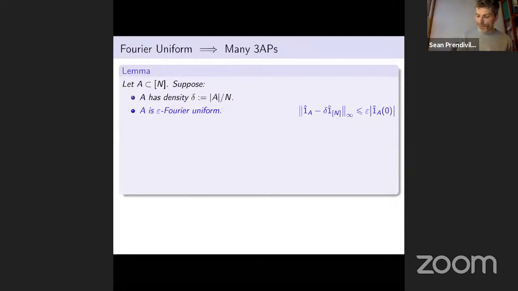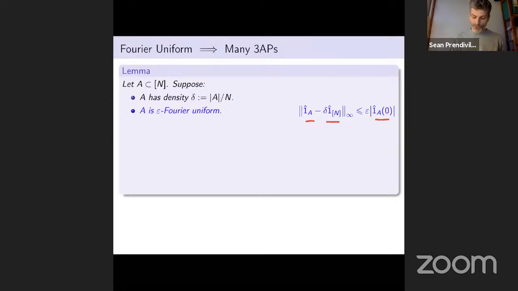What I mean by that is when you look at its Fourier transform and compare it to the rescaled Fourier transform of the interval, rescaling by the density of your set, the difference is an epsilon fraction of its maximum possible size, which is the trivial Fourier coefficient of your set. So in some sense, the Fourier transform of your set behaves like a rescaled Fourier transform of the interval.